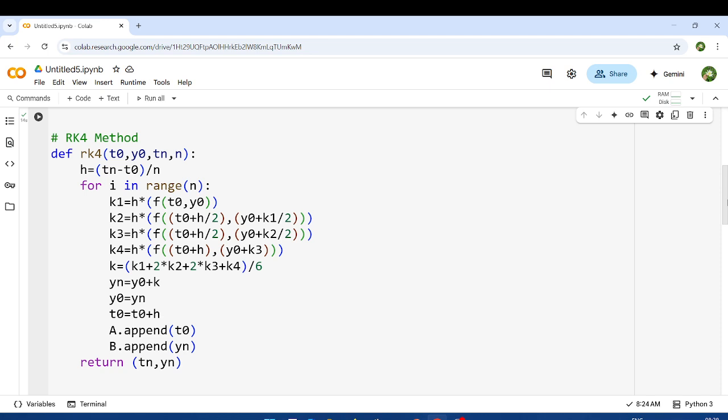This is the Runge Kutta method's formula, and k1, k2, k3 and k4 are the slopes.